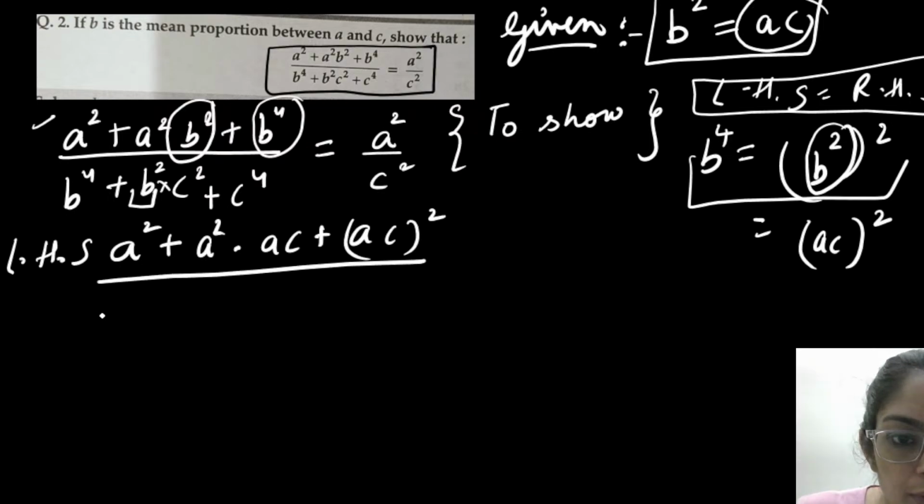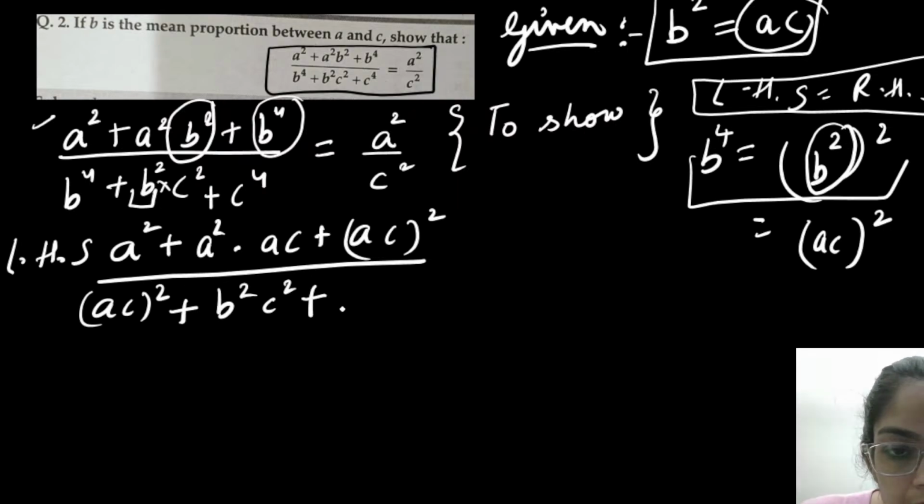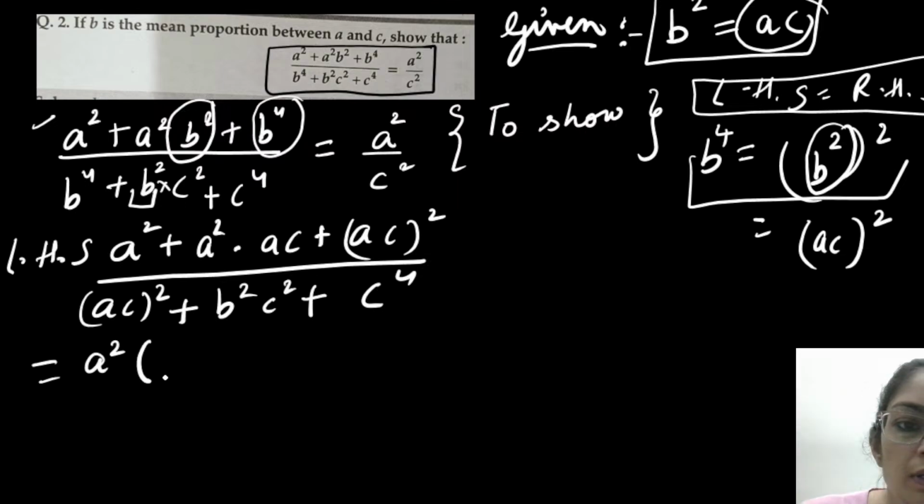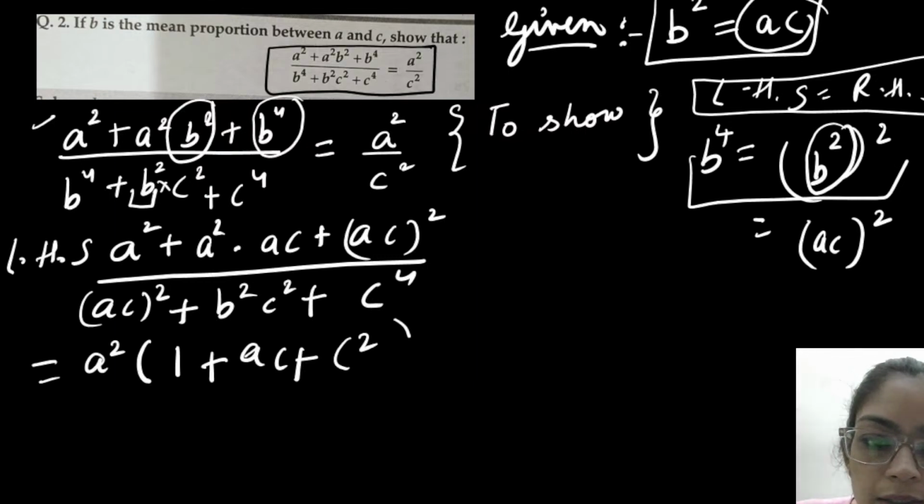Then b to the power 4, again here also we can write AC whole square. This is b square c square, and this is c to the power 4. So here a square is common. If we take a square out, we are left with 1 plus ac plus c square.